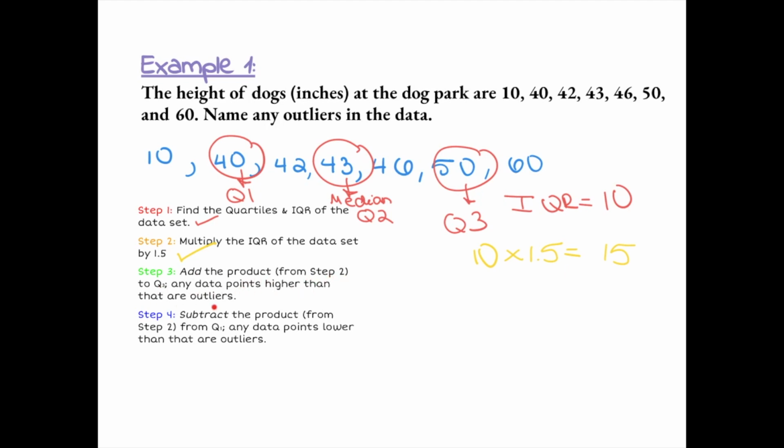Any data points higher than that are outliers. So now I'm going to add 15 to my quartile 3, which is 50 for this problem. So 50 plus 15 equals 65. If we look at the data set, there is no number that is above 65. So we don't have any outliers yet.